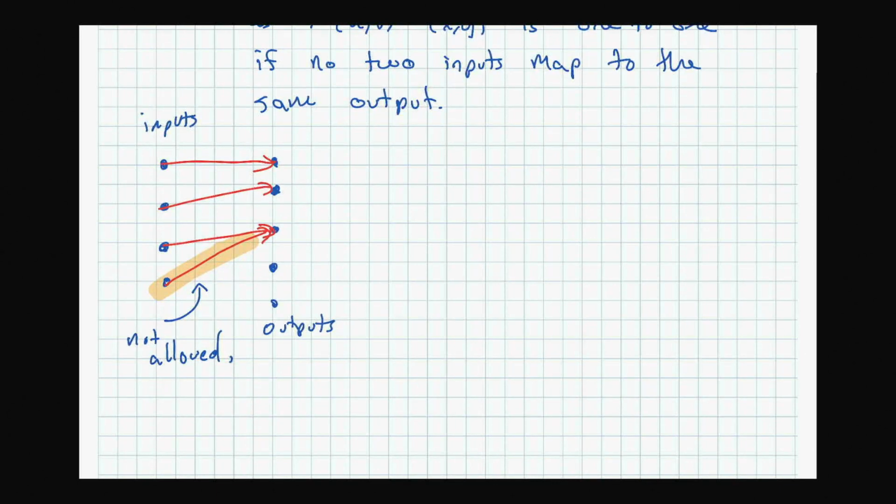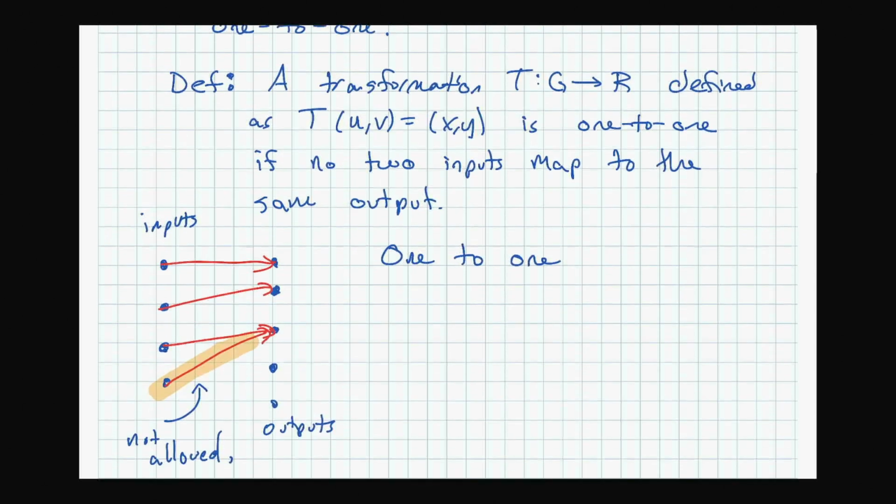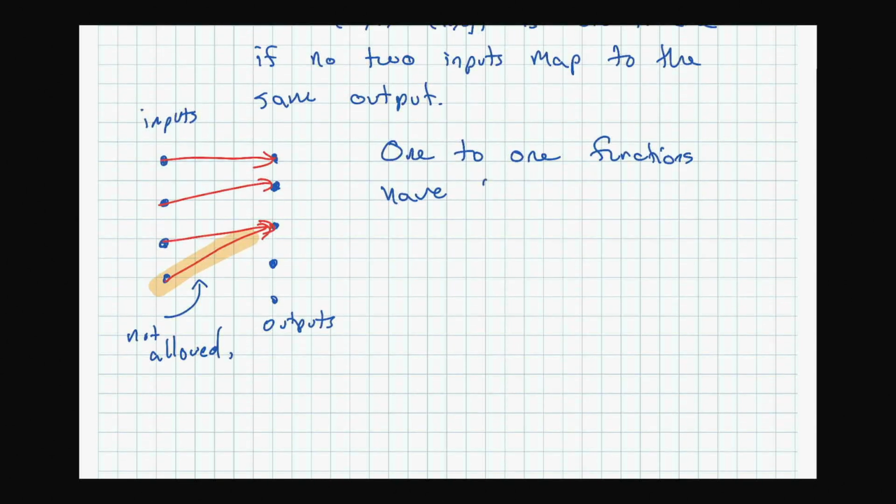So one to one functions have the property that an inverse exists.